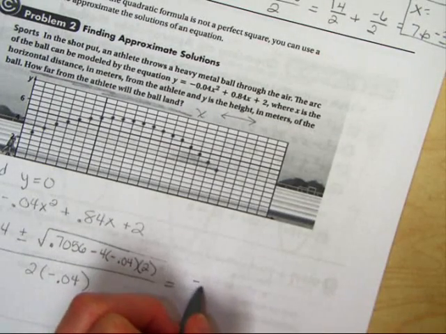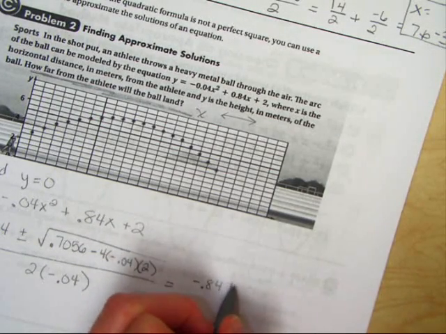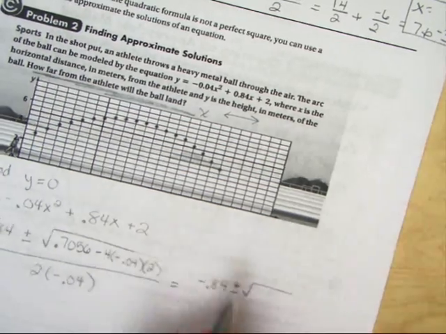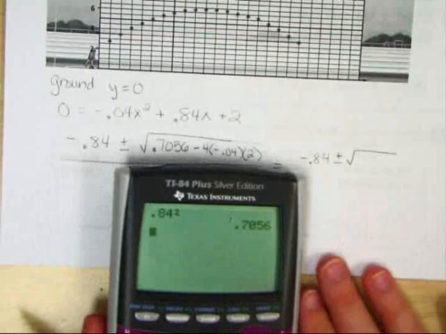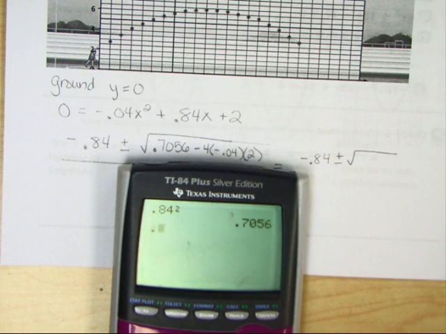So that's negative 0.84 plus or minus, let's get the square root. Let's put all of that stuff inside together in our calculator. Okay, so we're going to do 0.7056 minus 4 times negative 0.04 times 2.